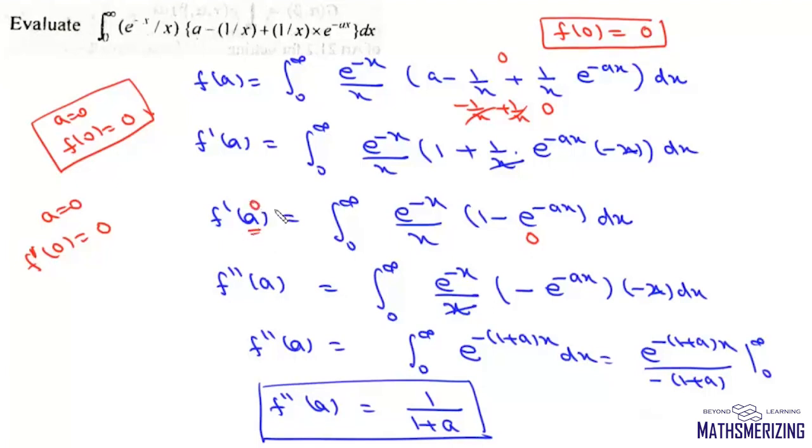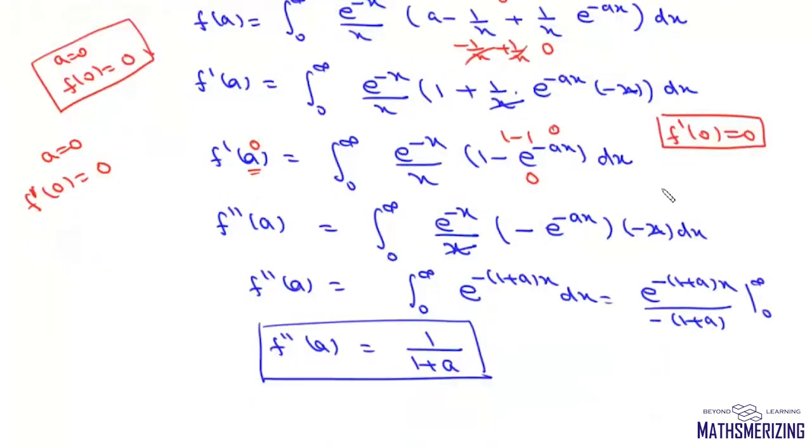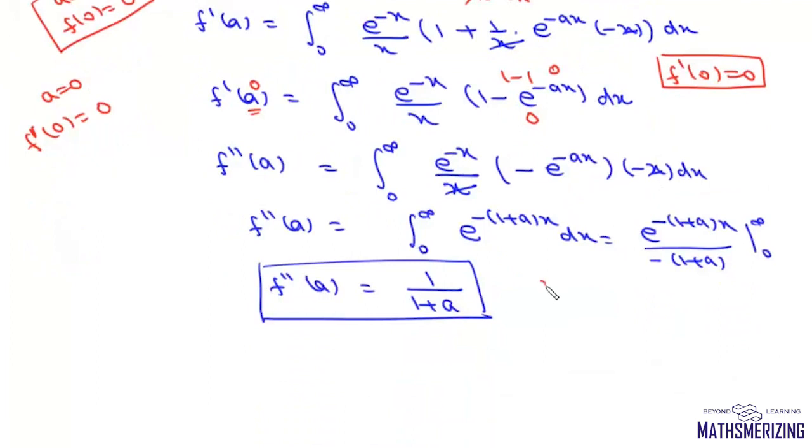So it will be f'(0), and here it will be 1 minus e to the power 0, which is 1, so it will be 1 minus 1, which again is 0. So from here we'll say value of f'(0) is also 0. So we have two initial conditions, and they are: when a is 0, f is 0, and when a is 0, f' is also 0.